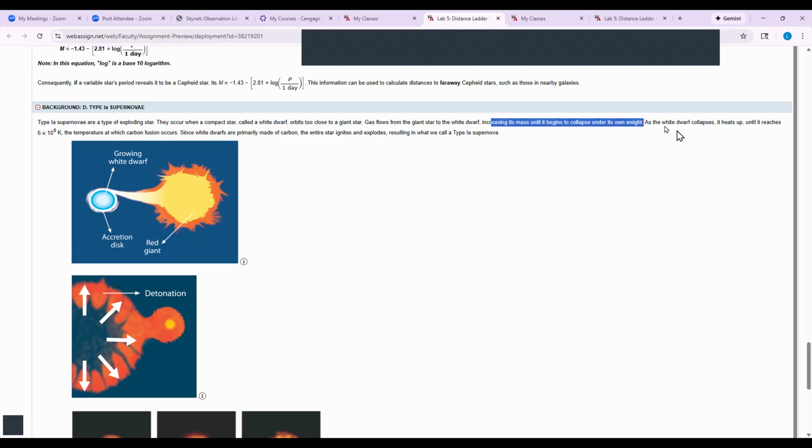When that happens, the white dwarf collapses and heats up, the temperature rises, and carbon fusion occurs at the center. Then the entire star explodes, and we call this a type Ia supernova.